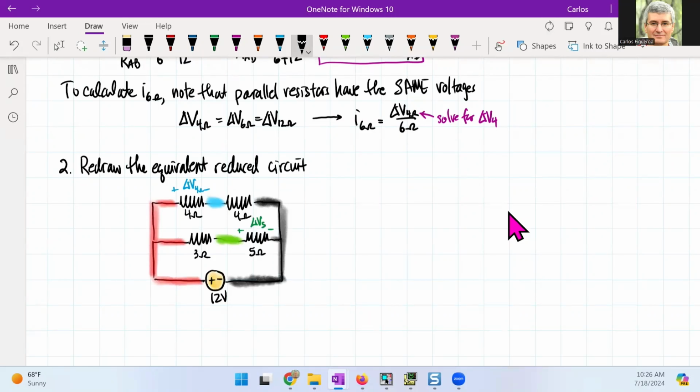And so, again, this is node A, B, C, D, where of course this is ground and this is 12 volts.